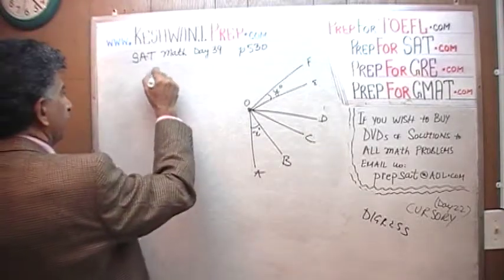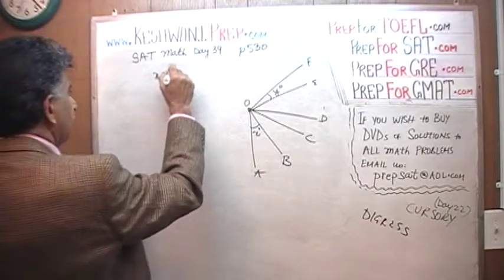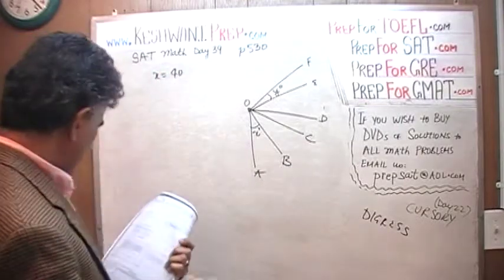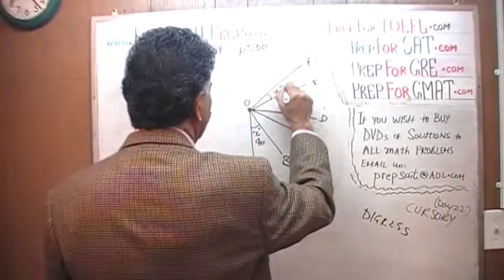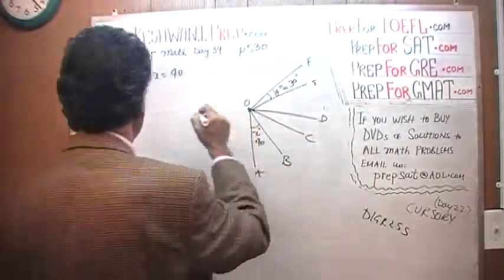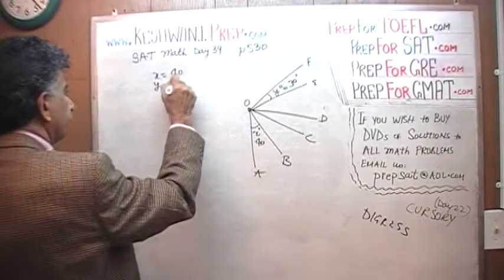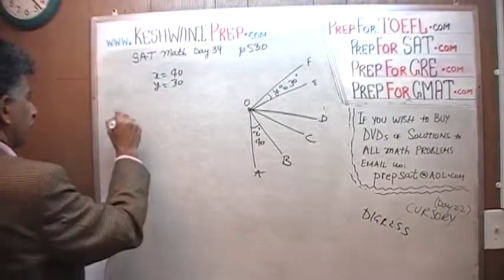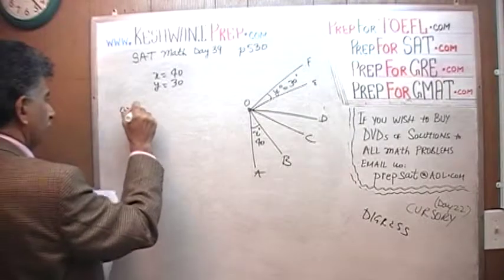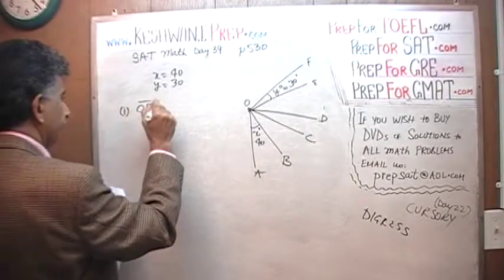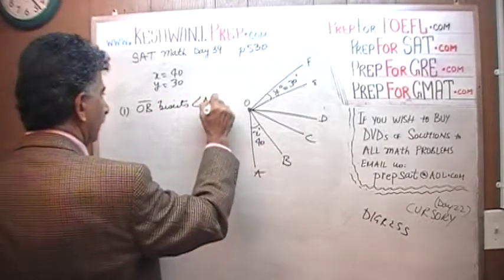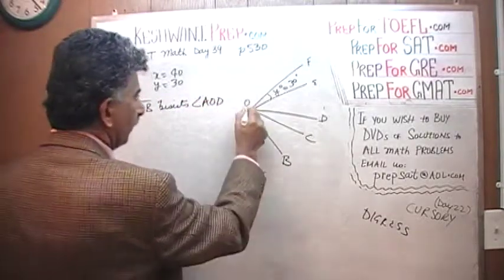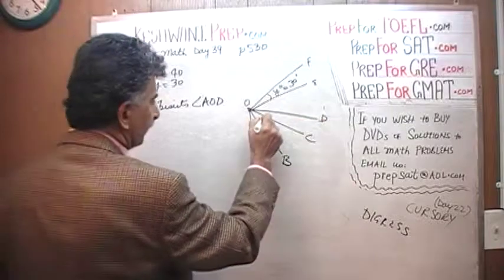So first things first, we are told that X is equal to 40 degrees. In the problem, it tells you that X is equal to 40 degrees. We are told that Y is equal to 30 degrees. Then they go on to tell us, so this is the first statement we're going to use, OB bisects angle AOD. Let's give these two angles names so we can talk about them.